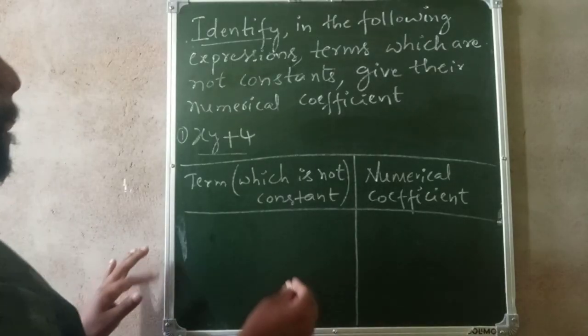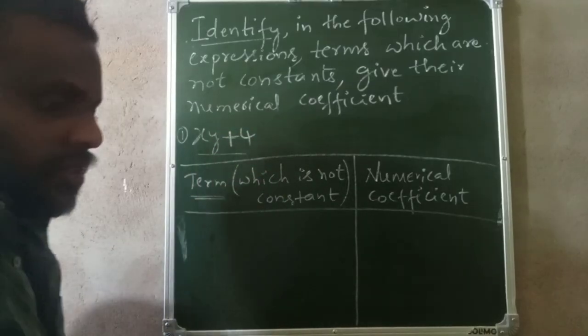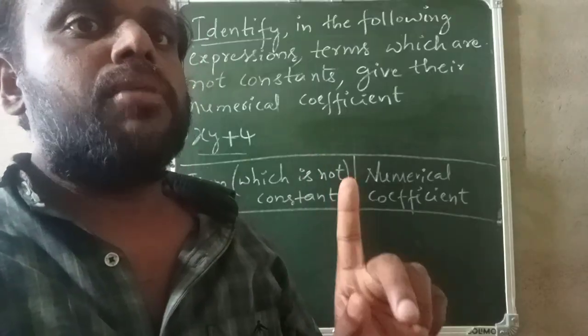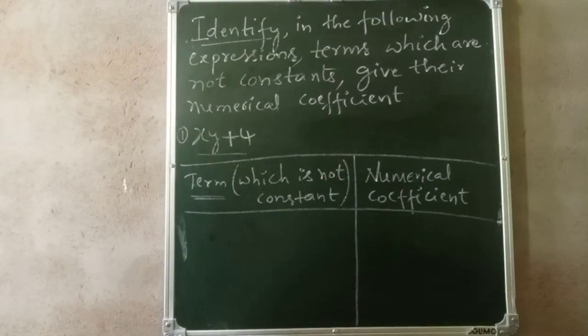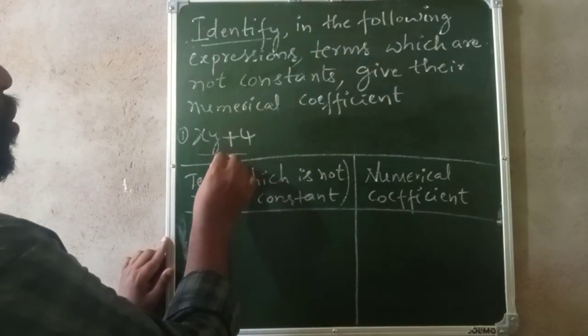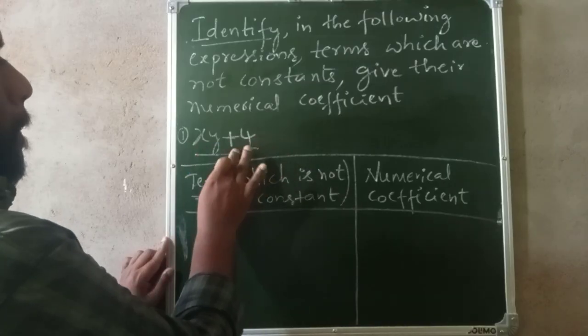Now see here, they are asking for terms. So remember, terms are always separated by plus or minus. So here a plus is there. This plus separates this term and this term.